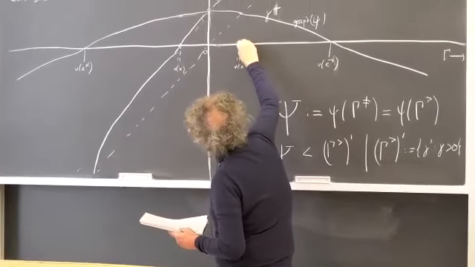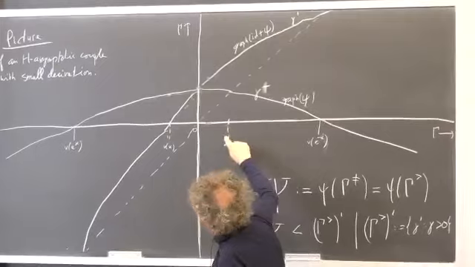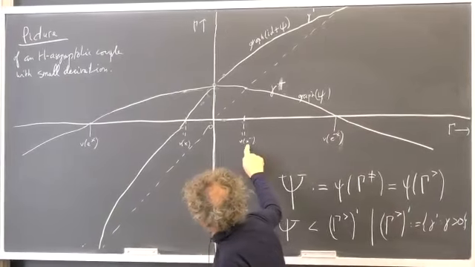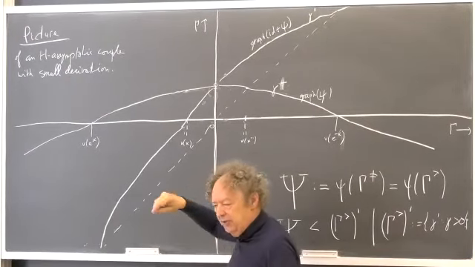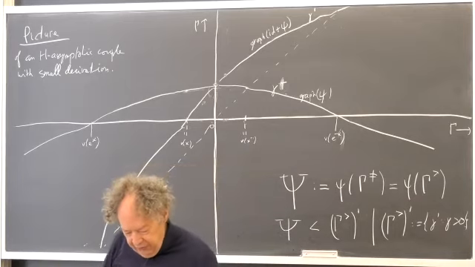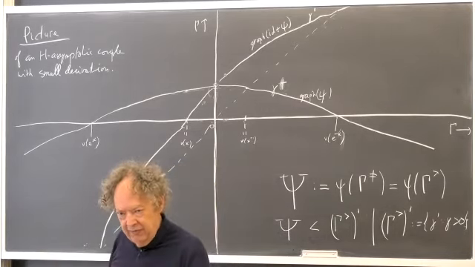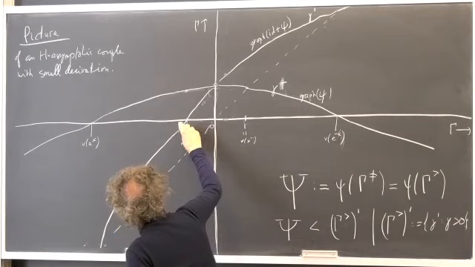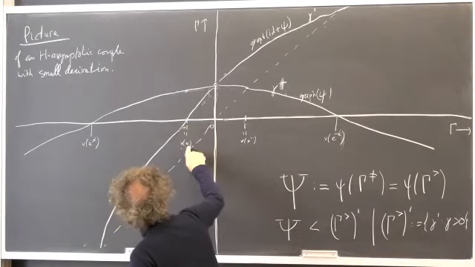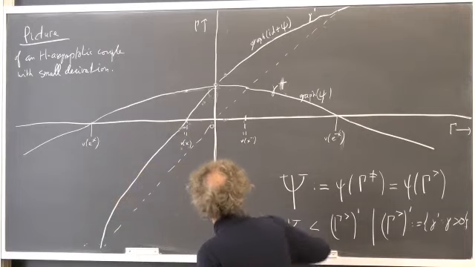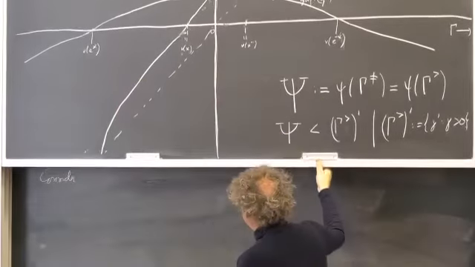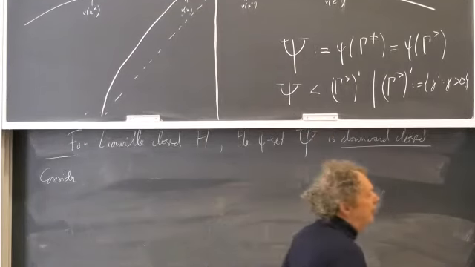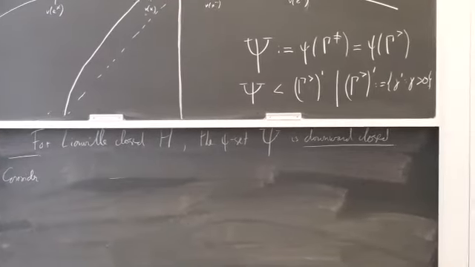Here I indicated a positive element in the value group, which I call 1, and which in the case of a Liouville closed Hardy field would be the valuation of 1 over x, x being the usual element with derivative 1. And minus 1 is the valuation of x. So maybe I should say a little bit about that first.